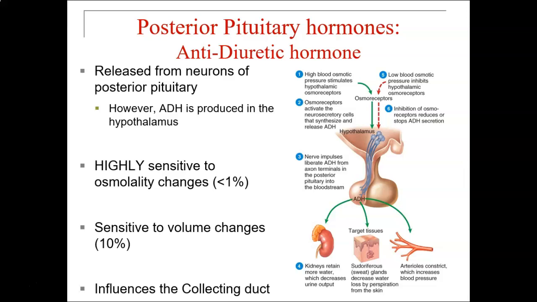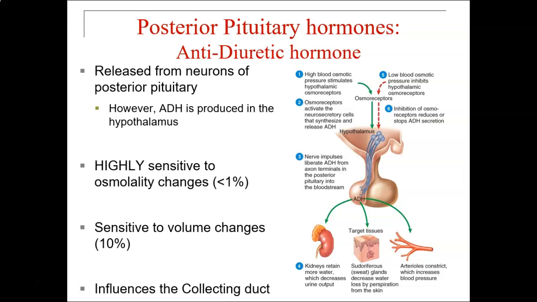Osmoreceptors are kind of the same idea. Here we go: high blood osmotic pressure stimulates hypothalamic osmoreceptors. Essentially, the pressure produced by the molecules inside of the blood. There are tiny little receptors which can detect those particular changes.